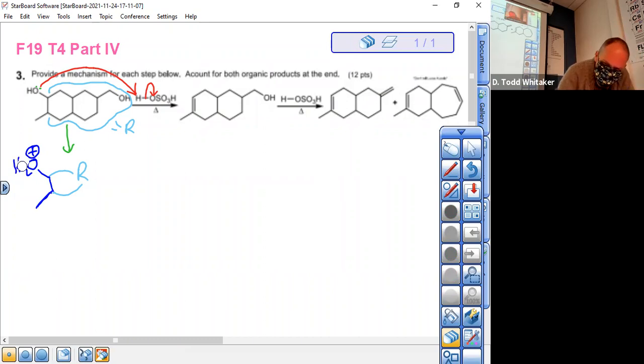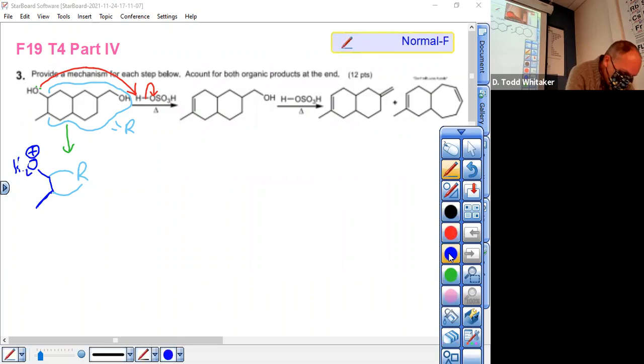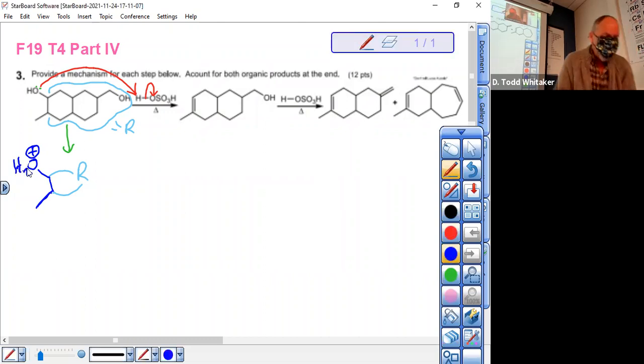I'm sorry, that H looked like it was bonded weird. Well, I like secondary cations in an environment where there's a strong acid present, because strong acids are protic. It's a protic environment. Strong acids have H bonded to O, right? So I want to go with the protic environment mechanism, which is carbocation.